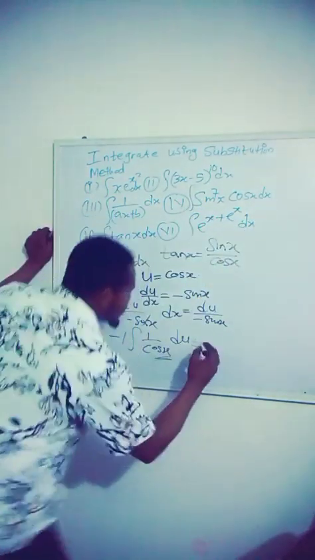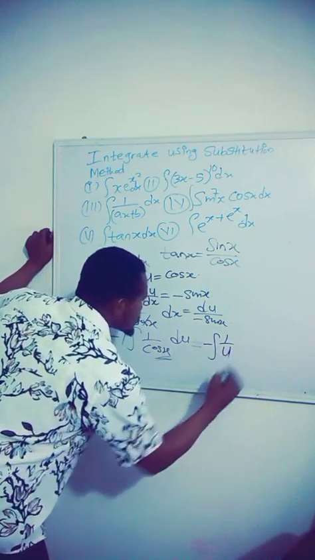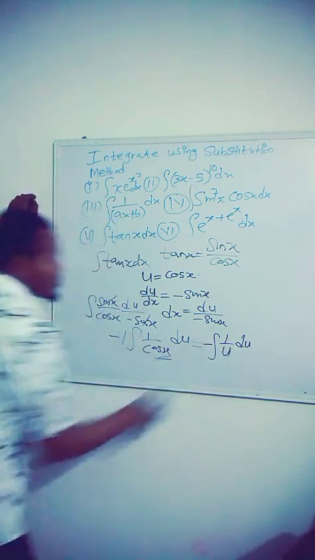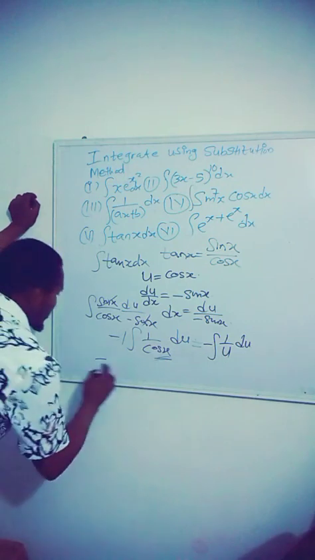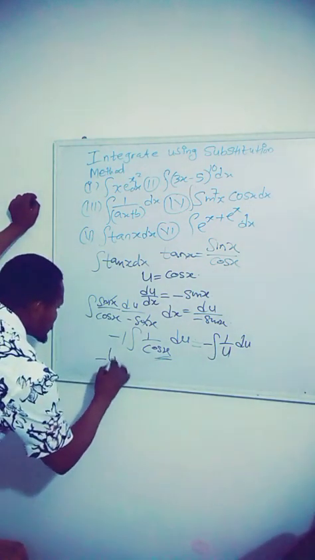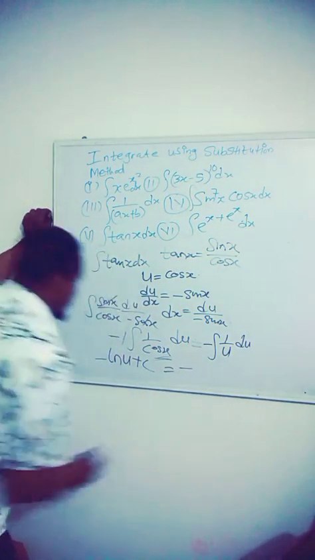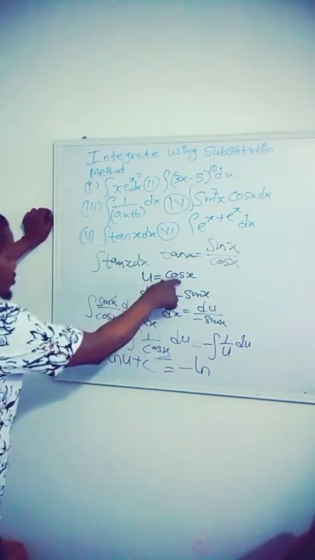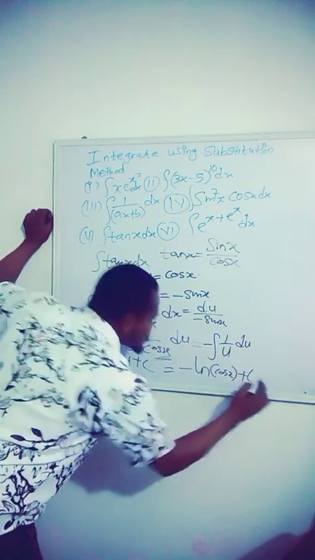So this becomes minus the integral of 1 over u du. When you integrate this, it becomes minus ln u plus c. What is u? u is cos x. So this gives us minus ln of cos x plus c.